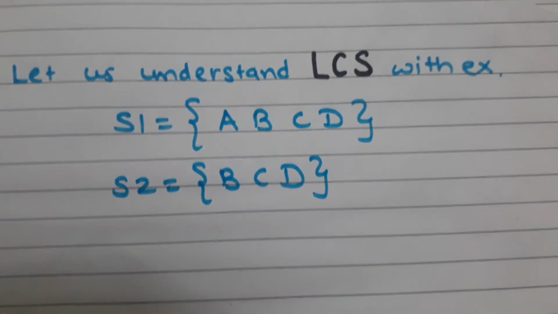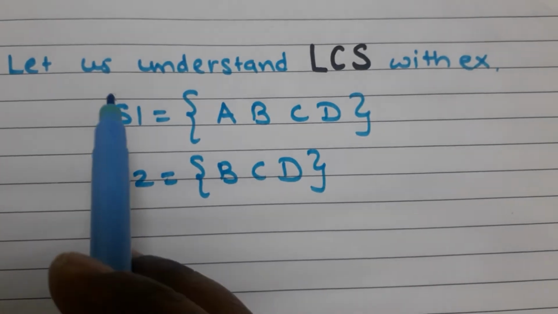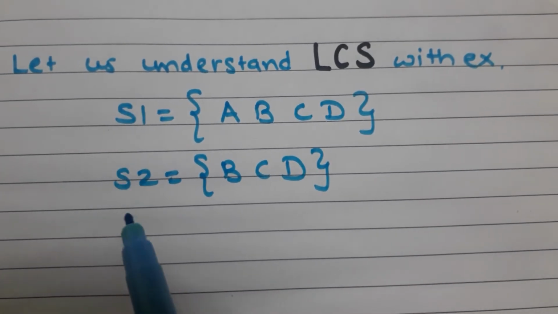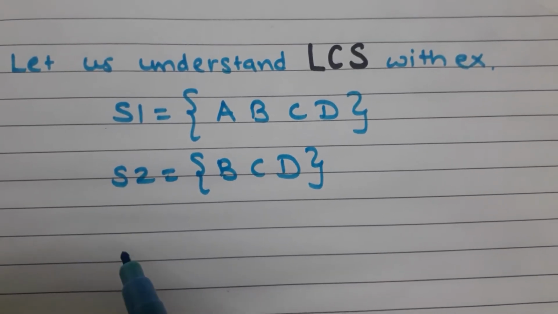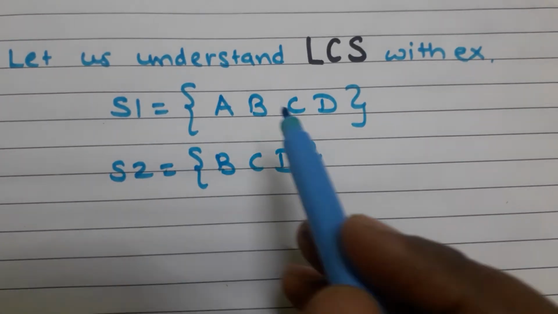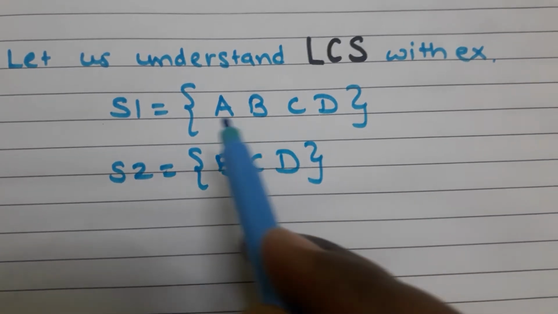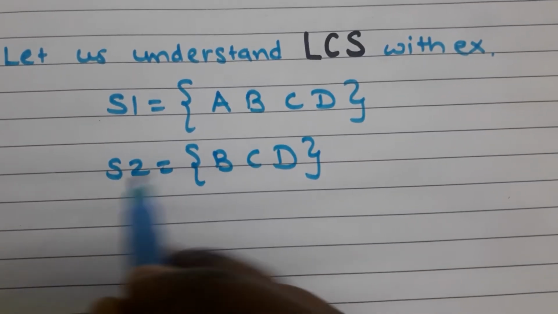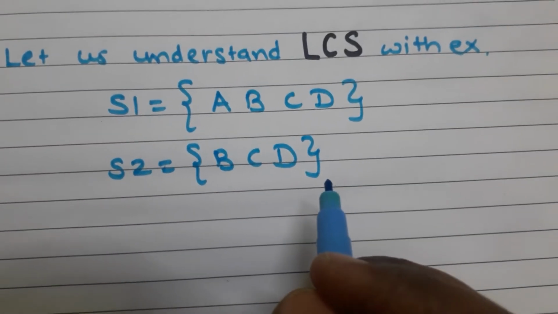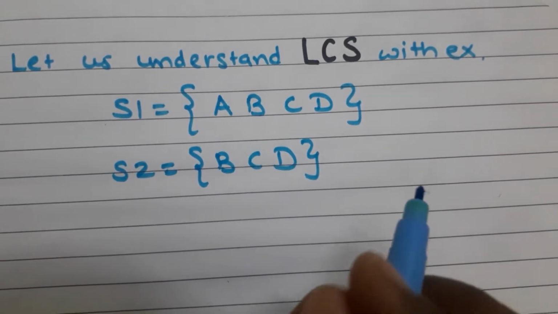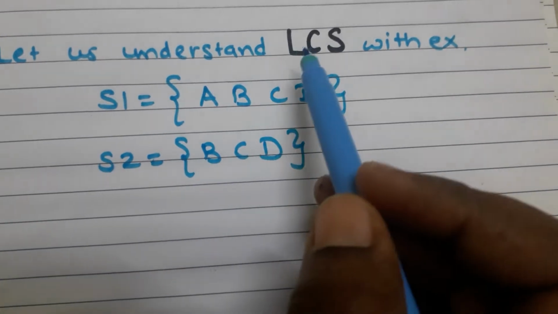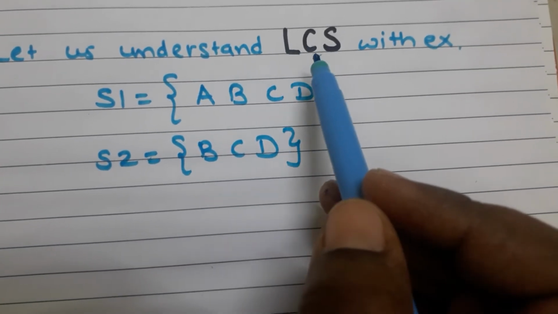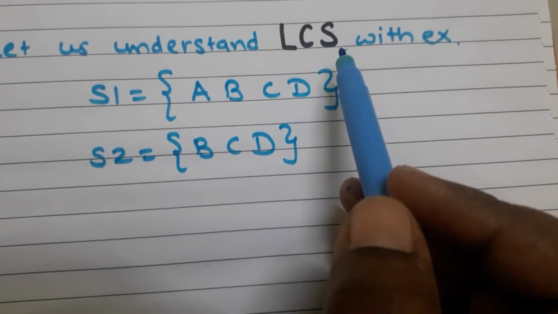Here in the example we have two sequences, S1 and S2. S1 is A B C D, and S2 is B C D.